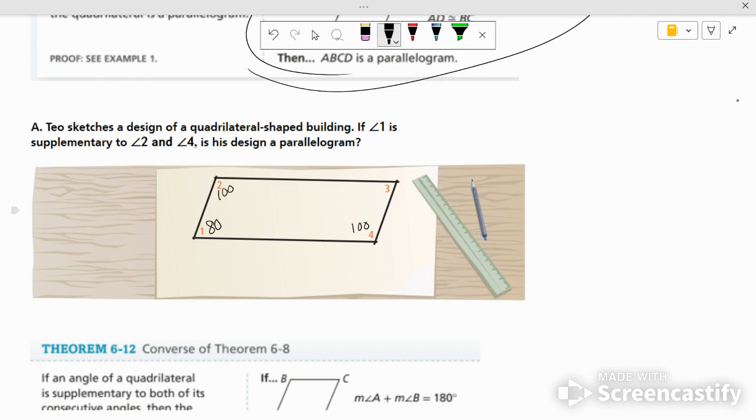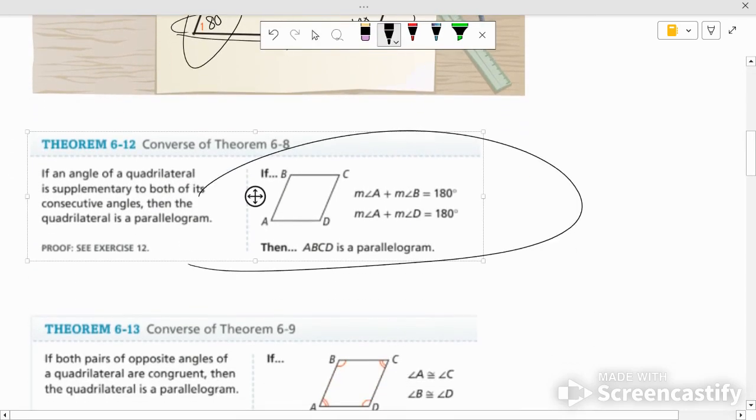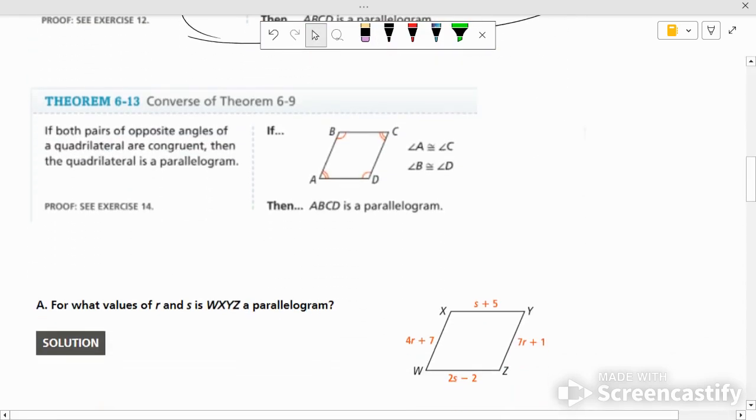And the answer is yes. If these are supplementary, that makes this parallel to this. If these are supplementary, this is parallel to this, and what do I have? Parallelogram. This says if consecutive angles are supplementary, then we have a parallelogram.